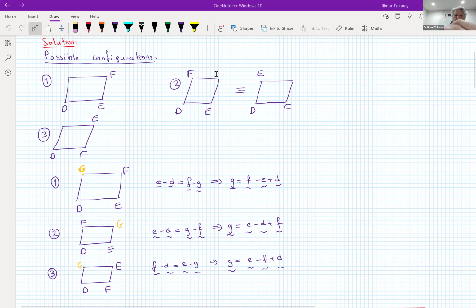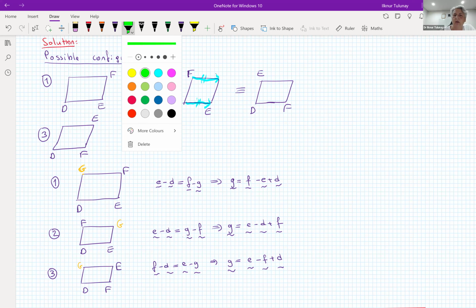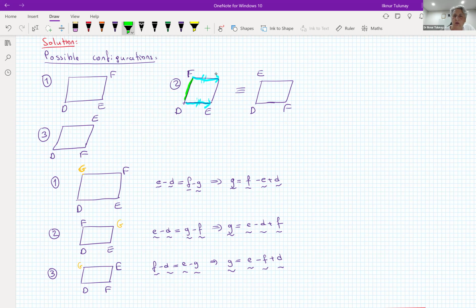So the requirement for a parallelogram is that this vector has to be equal to this vector, and also this vector is equivalent to this vector. Directions are important in this case.